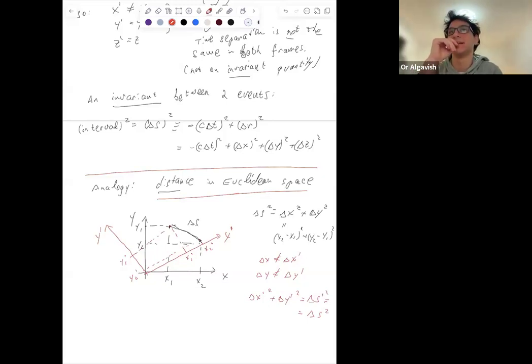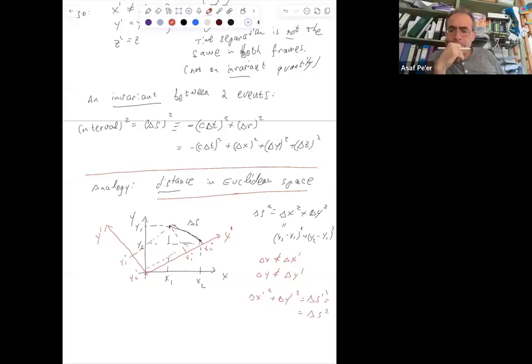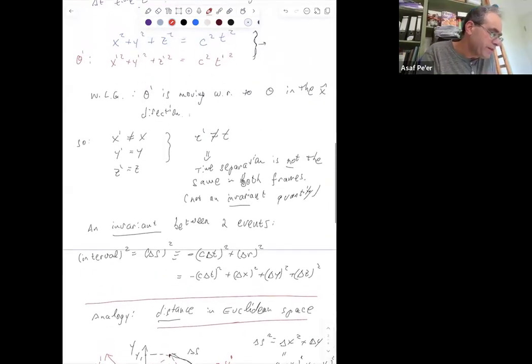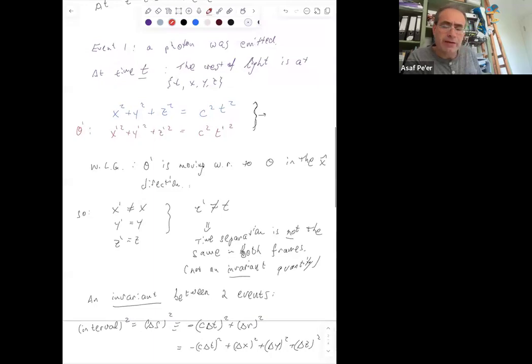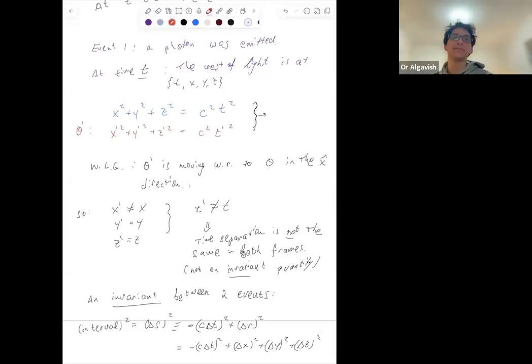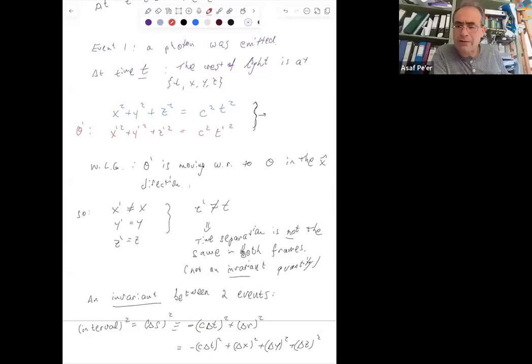The delta x is not the same for both systems. Of course it's not the same. The distance is not conserved, right? It's not invariant, but the interval is the same. Okay, thank you. You'll see that. It will fall out.